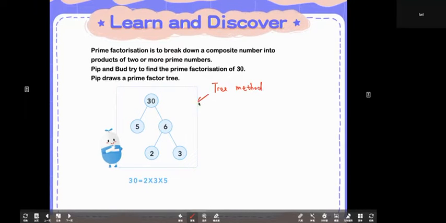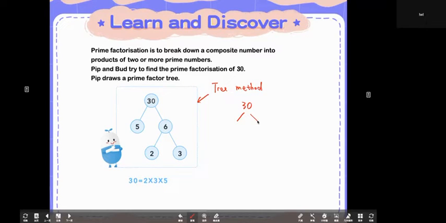It looks like this. We have a tree, and we always write down the number on the top, and then we divide this number into several parts, and the numbers we divide into should be at least 1 prime number. For example, 30.